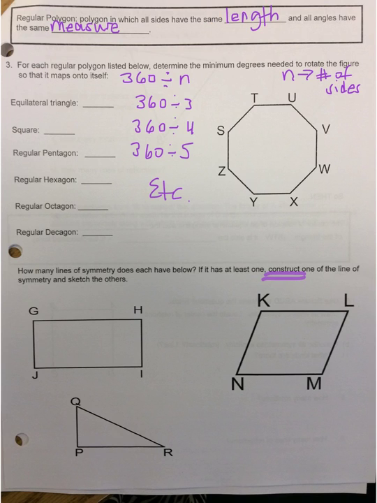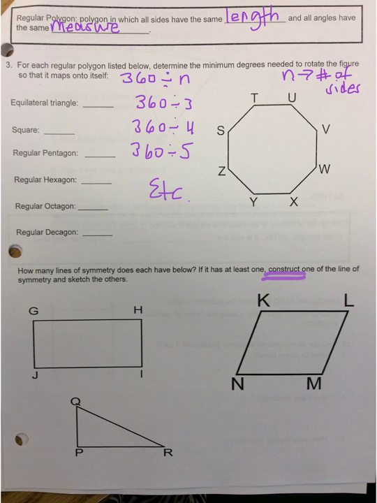Number 3 says for each regular polygon, they're regular, so all the sides and angles are congruent, determine the minimum number of degrees needed to rotate or turn the figure so that it maps onto itself. So for instance, with the octagon, you could take T, turn it to land on U, or you could turn it 1, 2 times to land on V, or turn it 1, 2, 3 times to land on W, like that.